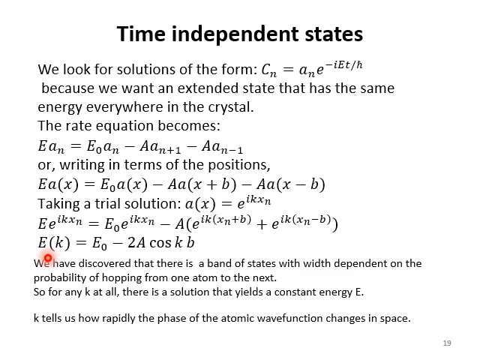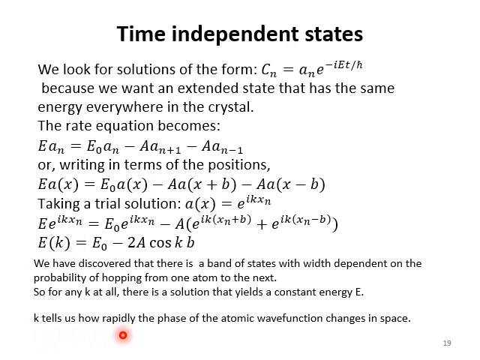And I now have a dispersion relation that relates energy of a state to wave vector of the state. There is a band of states then, with the width of the band dependent on the probability of hopping from one atom to the next. That's A. And for any k that we have, we can go and solve and find a solution that yields a constant energy in E, which is a function of k.